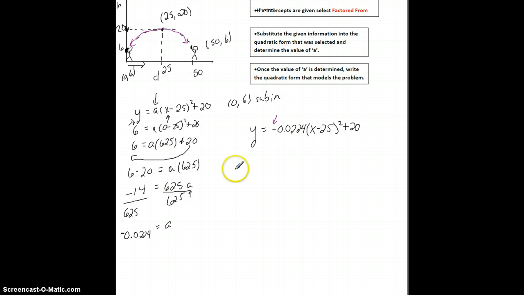If I would just want to continue further for a second, if I was asked to state the domain, it's all x values, and my x values are between 0 and 50. So between 0 and 50, this is my domain.